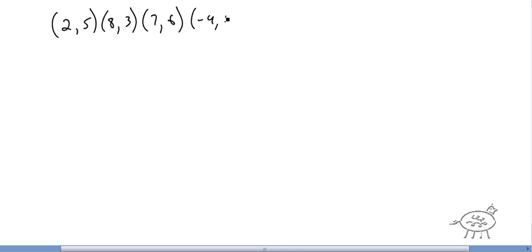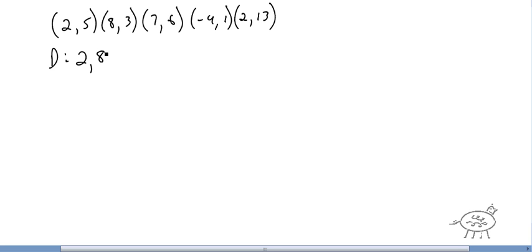Okay, let's start another example here. And it's going to be the same question. Do these points represent a function? So 2, 5, 8, 3, 7, 6, negative 4 comma 1 and 2 comma 13. Alright, and basically just looking at it, here's your domain again.